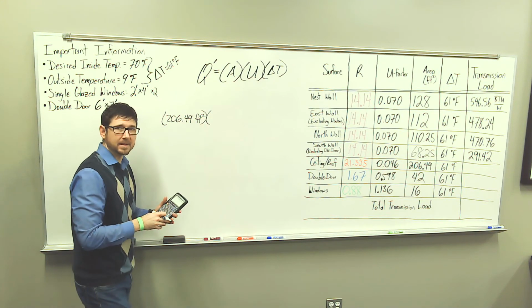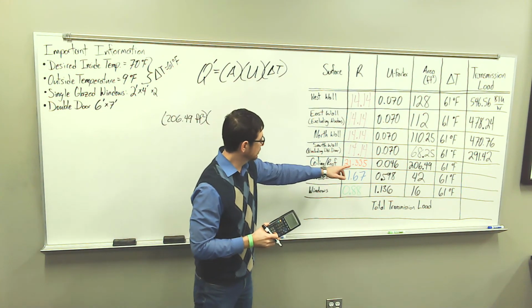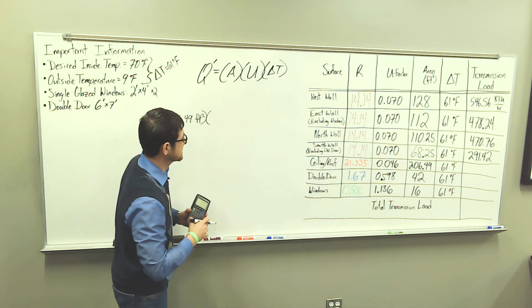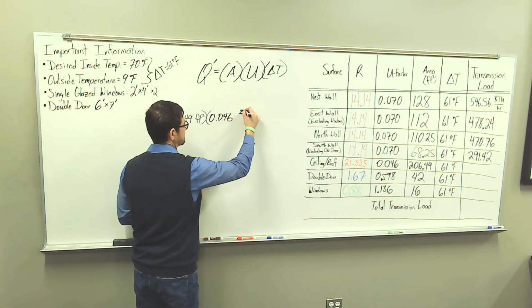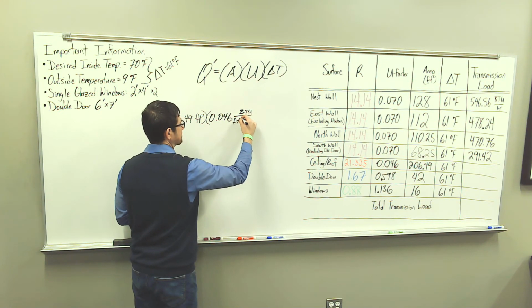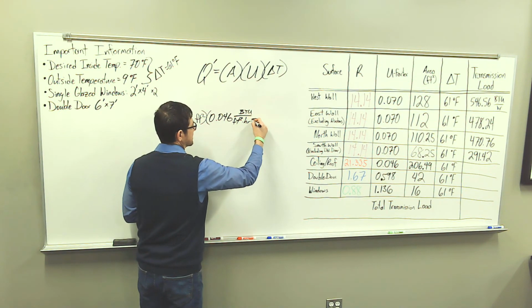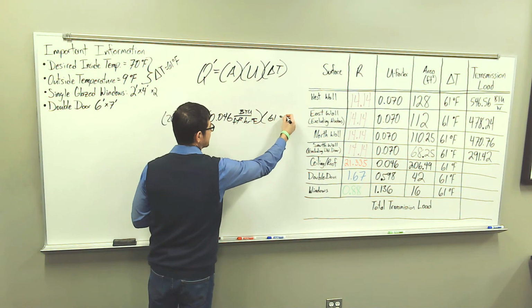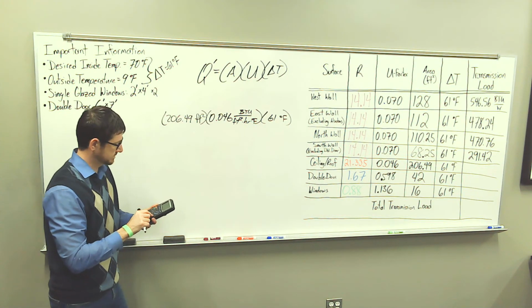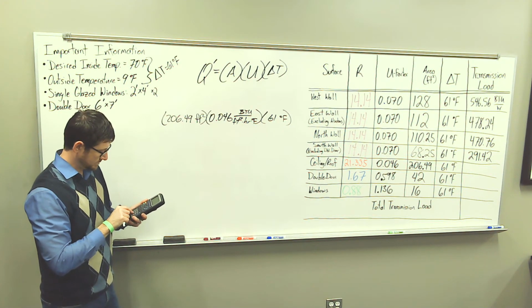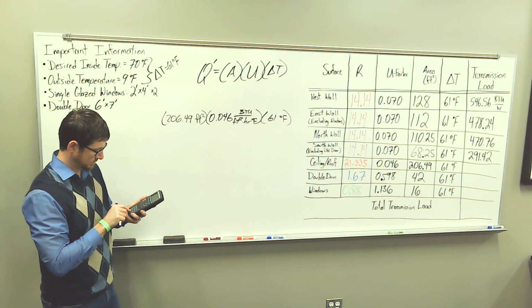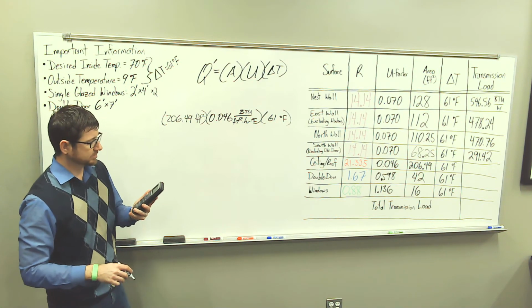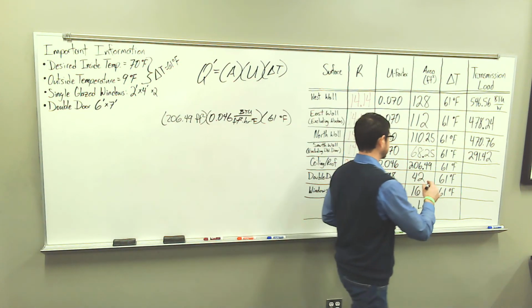We're going to multiply by the U factor for the ceiling, which is 0.046, and then 61 degrees Fahrenheit. And we get 579.41.